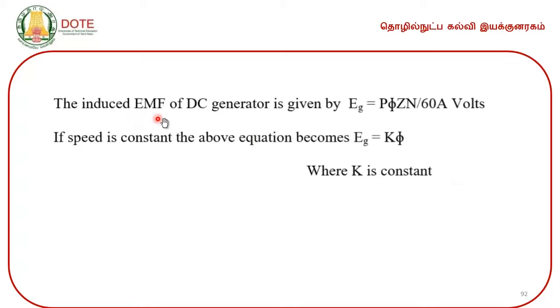Now, the induced EMF of a DC generator is given by the expression Eg is equal to P phi Zn divided by 60A, where P is the number of poles of the DC machine, phi is the flux in Weber, Z is the total number of conductors, N is the speed in revolutions per minute, then 60A, A is the parallel path.